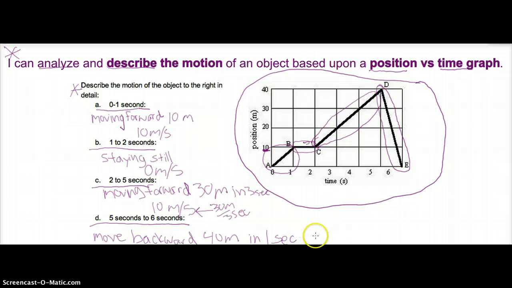Which of course, if you were to look at the actual speed, would be 40 meters per second. Okay, so this would be a perfect example of describing motion in detail with each segment along the graph.